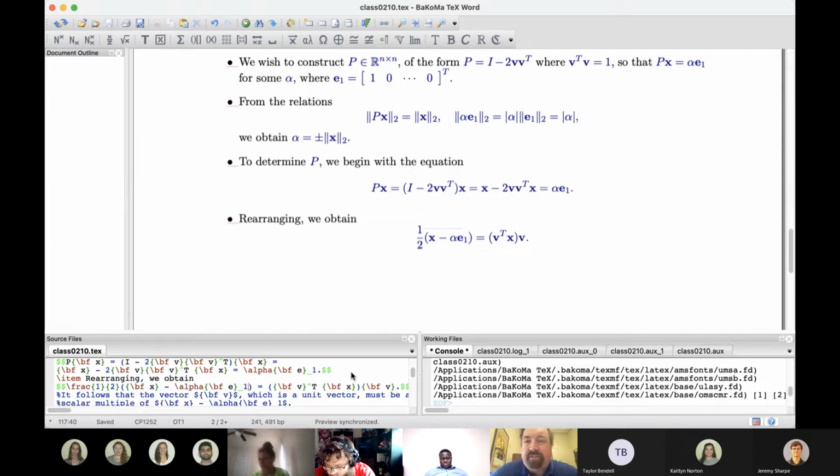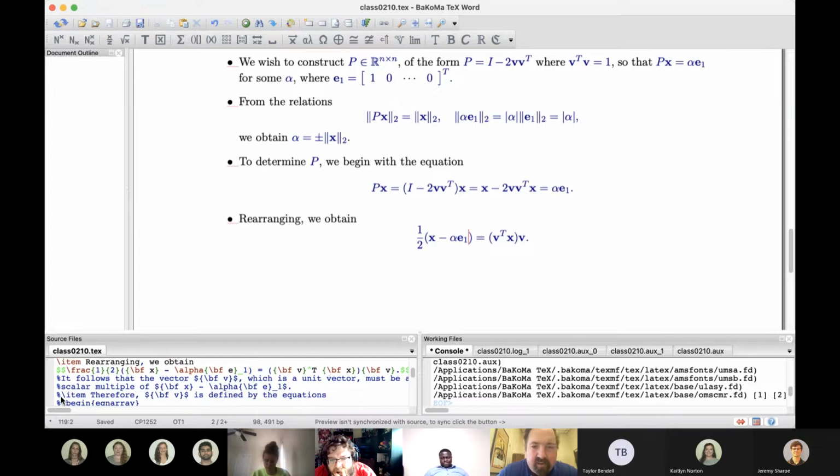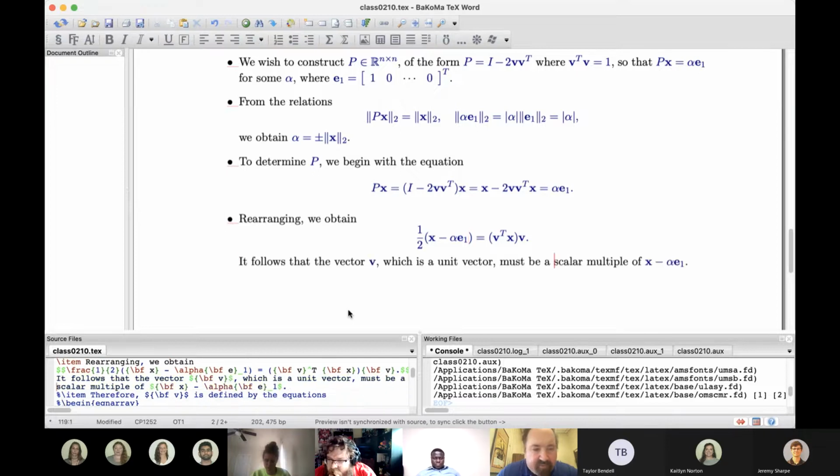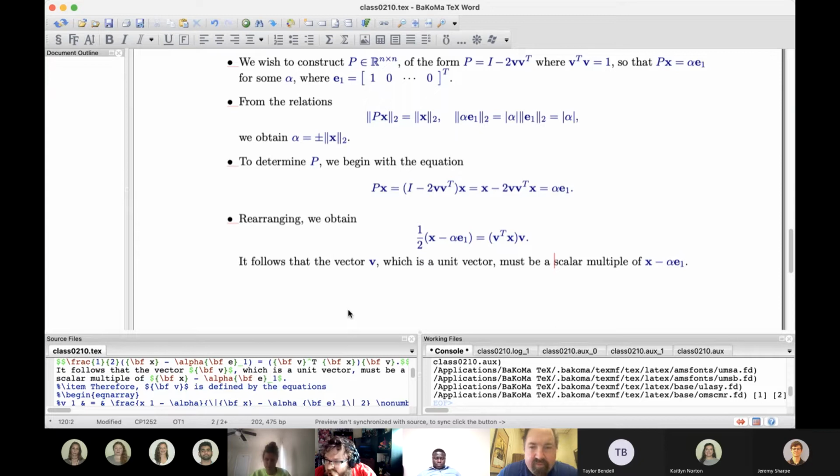So we know the direction of V now. We also know the magnitude of V, because V is assumed from the beginning to be a unit vector. So in other words, we can take a vector X minus alpha E1, where we know what alpha is, at least up to plus or minus, and then normalize it. And that would be a V that would work.